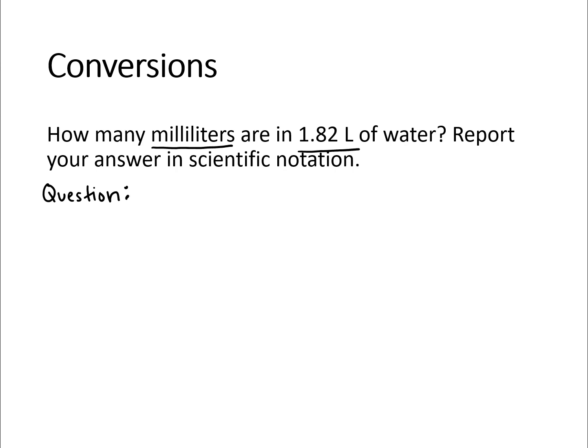Our question is always going to be in the form of, for these conversions, a given measurement is equal to some other unit of measure. What's the given measurement in our question?